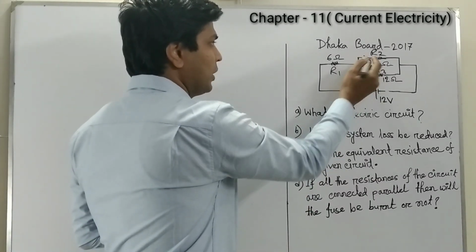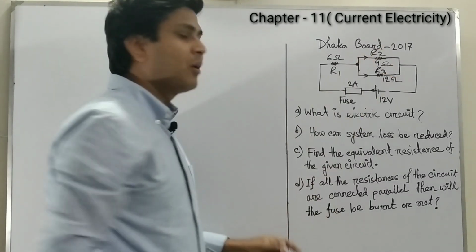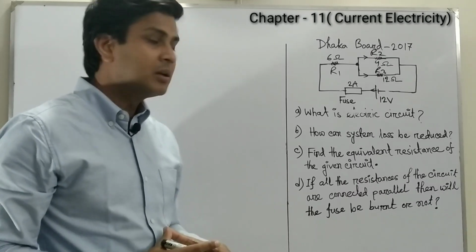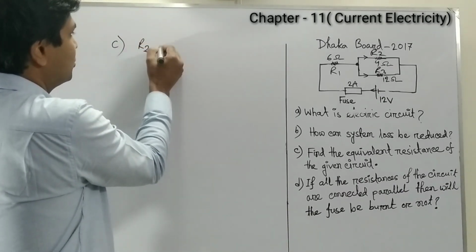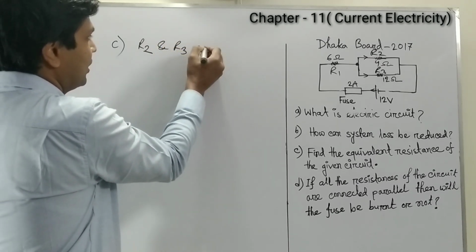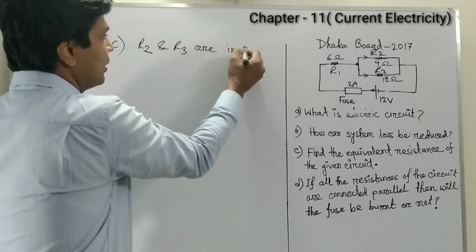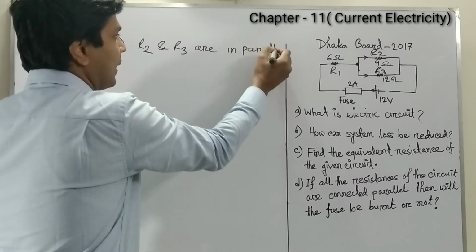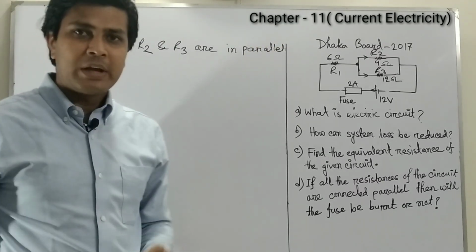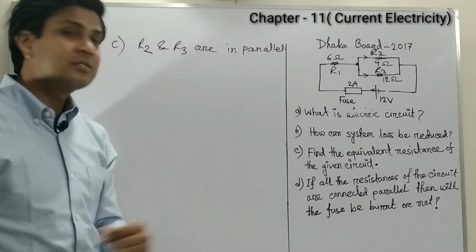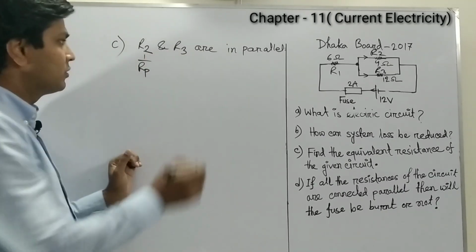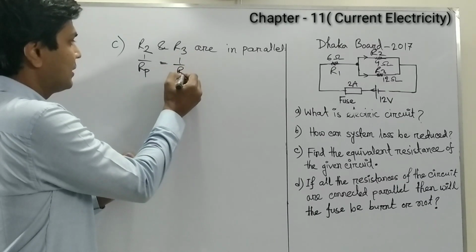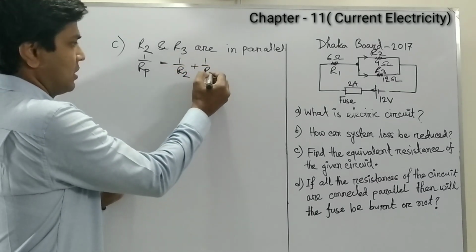Since it gets two ways to flow, R2 and R3 are in parallel. And we know that to calculate the equivalent resistance of a parallel circuit, the formula is 1 by Rp equals 1 by R2 plus 1 by R3.